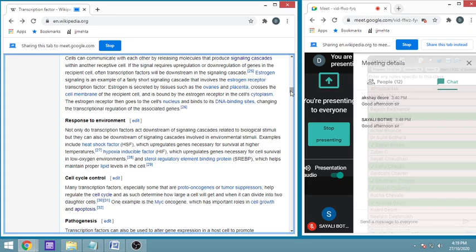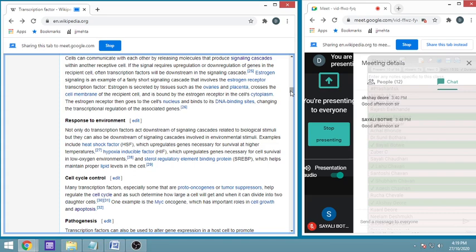For example, they will cause the formation of signaling cascades which are related to biological stimuli. An example of this is heat shock factors or heat shock proteins, HSF or HSPs. They will upregulate the genes which are necessary for survival at higher temperature.